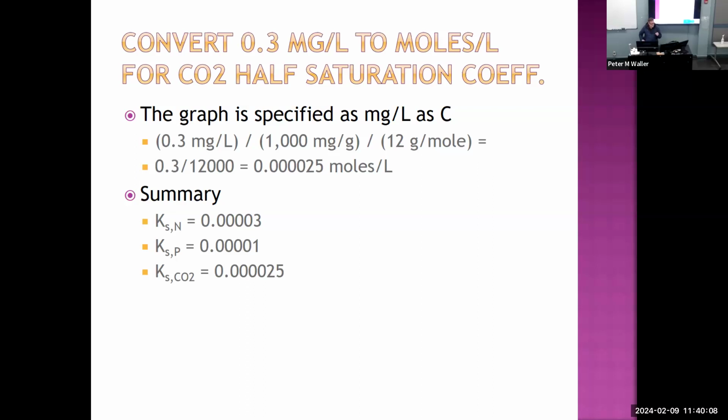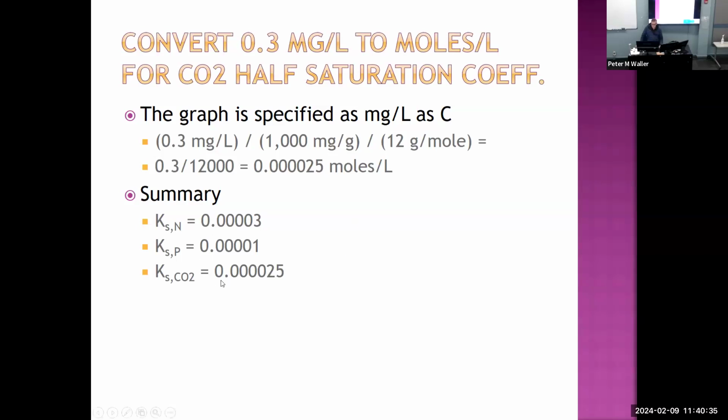The difference is that algae takes up a lot more carbon dioxide than the other nutrients because it's mostly carbon. I don't know if it's mostly carbon, but it's a large part carbon. And so you don't see that in plant nutrients because the carbon is being taken out of the atmosphere. But in algae, the carbon dioxide is being taken out of the culture, just like the nitrogen and phosphorus.